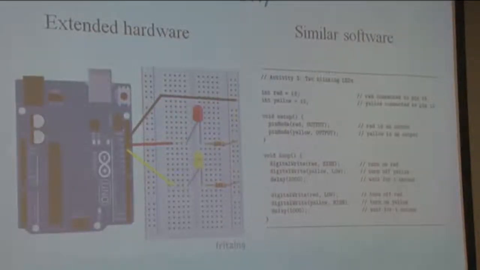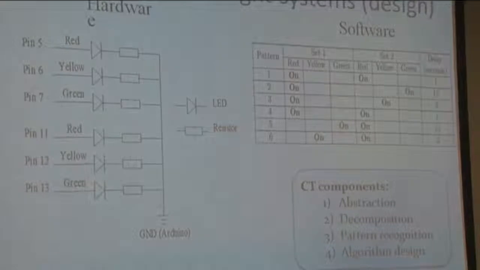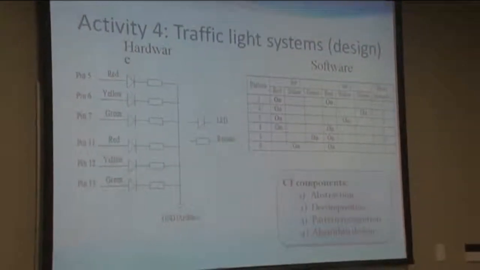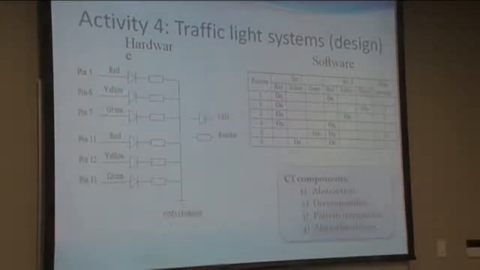And then the last one, we actually asked them to build the traffic light system, which was the biggest project that they did. Essentially, it's for an intersection. So we have east, westbound and north, southbound. So 2 sets of lights. And we asked them to build this, right?